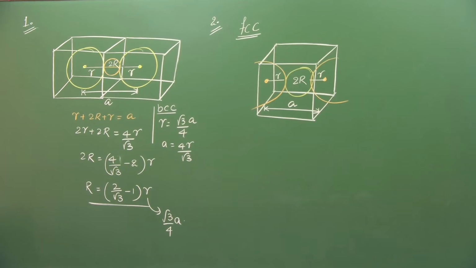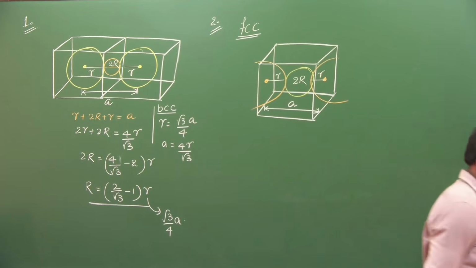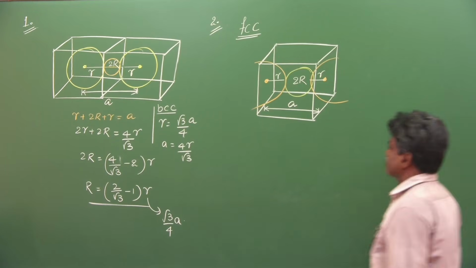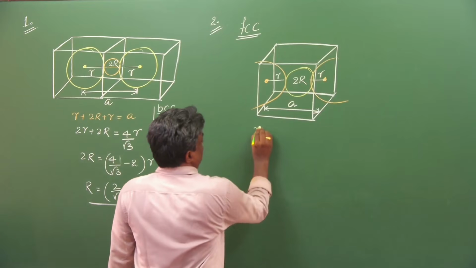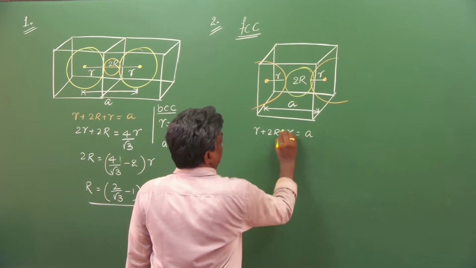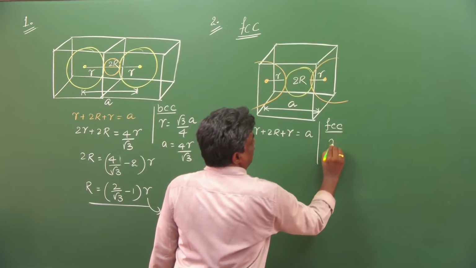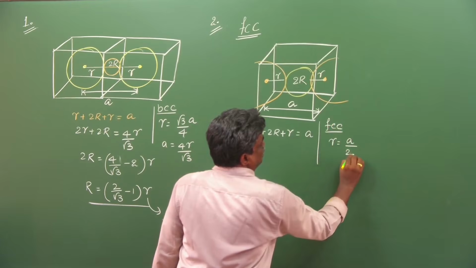Root 2 is 1.414, so 0.414. This is r plus 2r plus r is also equal to a, but this is FCC. So that's why radius is a by 2 root 2.